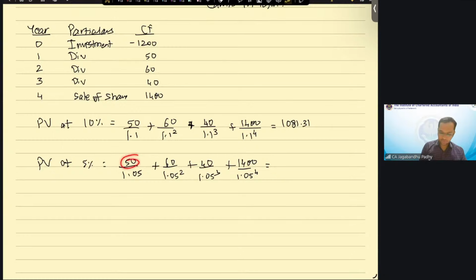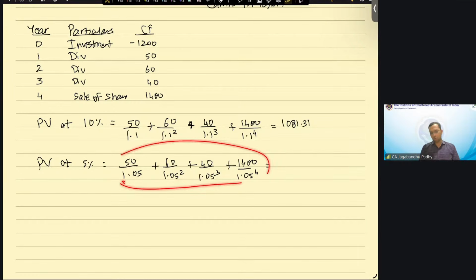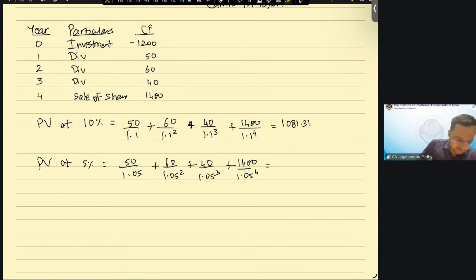Just use a calculator. You have to divide twice over here, divide thrice, and divide 4 times. You will get to know an easier method when you discuss the chapter on investment decision. Right now, you can just accept it as it is.